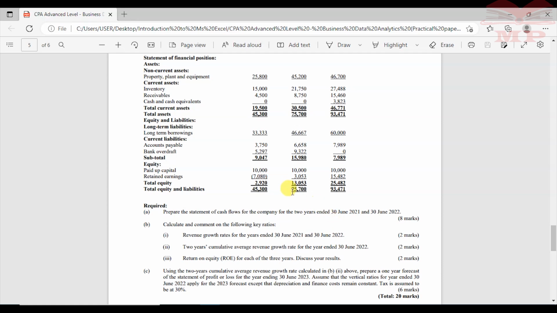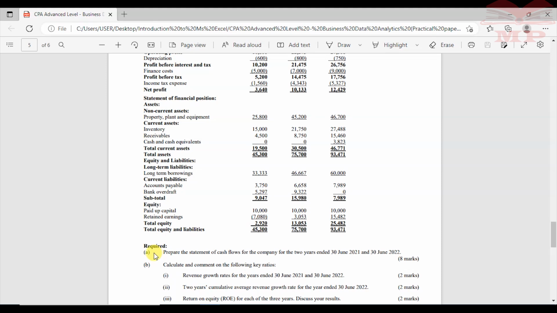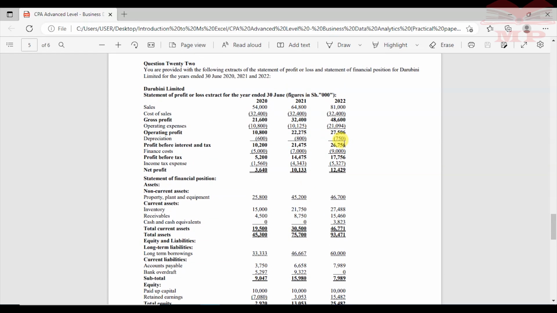Of course, to be able to do this particular question, especially part A on the statement of cash flows, we will export or convert this PDF file to Excel. So I'll convert this particular file to Excel using the tools that are available.